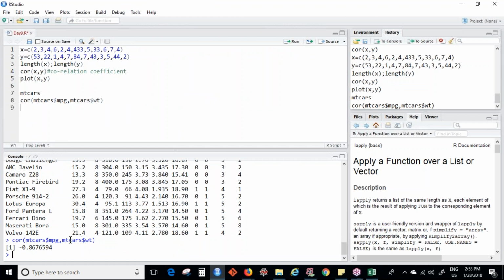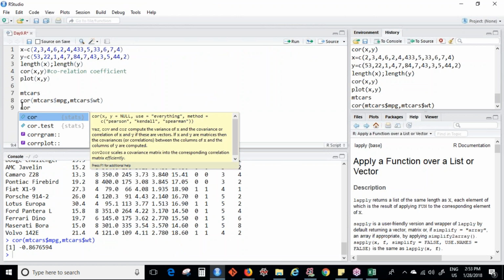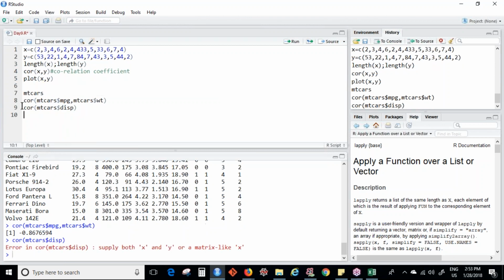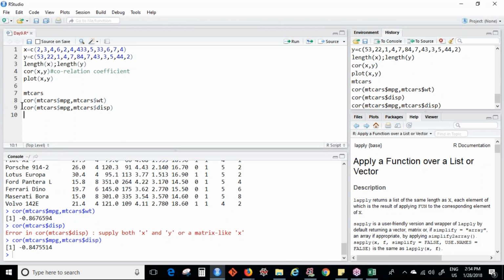So we checked with mtcars weight, right? Let us check with any other variable. So correlation mtcars, I'll check with displacement. I have to give mtcars, I have to give the dependent also, right? Okay, so it has a high correlation with displacement also.